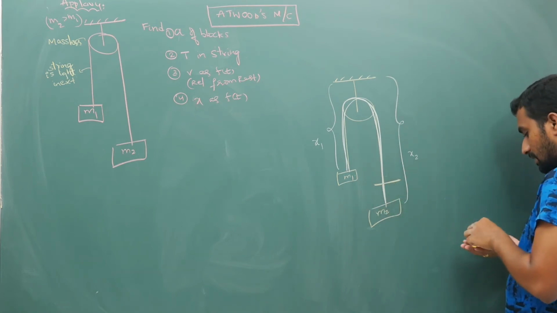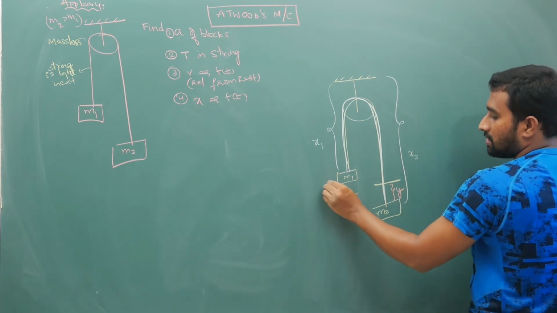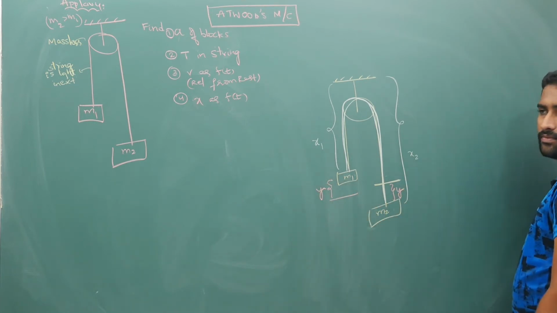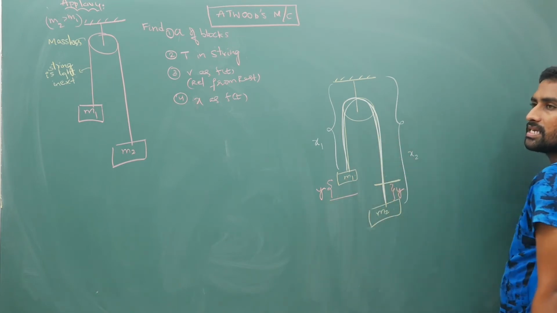If it is inextensible, then if this block moves by y, this block will come down by y, because both blocks will have the same displacement as the string is inextensible.